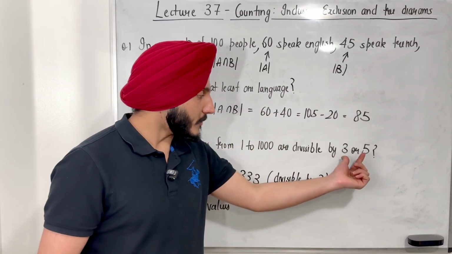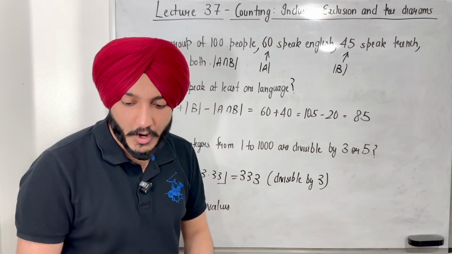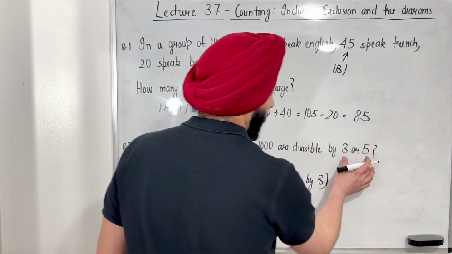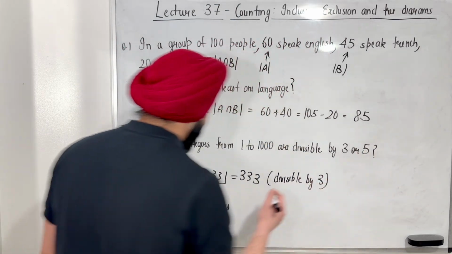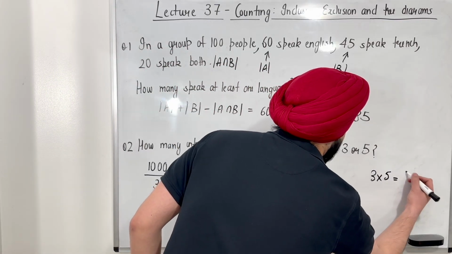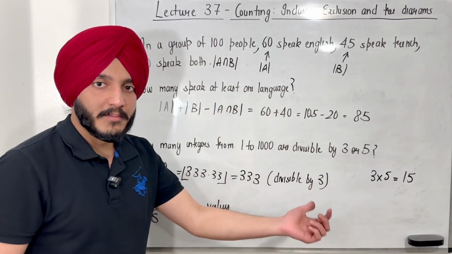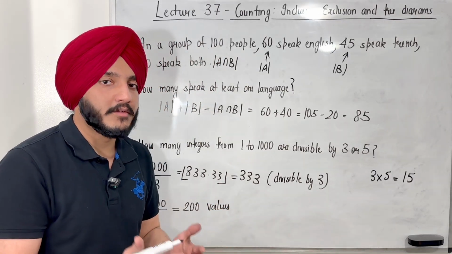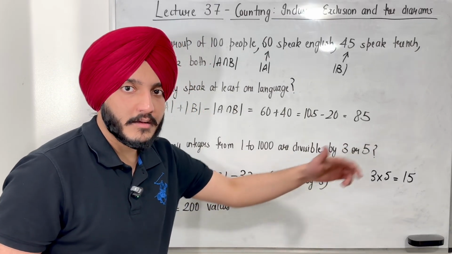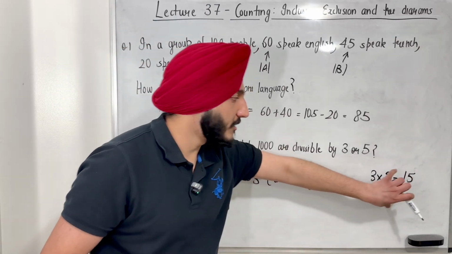In order for me to find the overlap values, I can simply first multiply 3 by 5, giving me 15. Whatever values are divisible by 15 are going to be the values that are divisible by both 3 and 5, right? I hope that kind of makes sense. This is basically the LCM of 3 and 5.